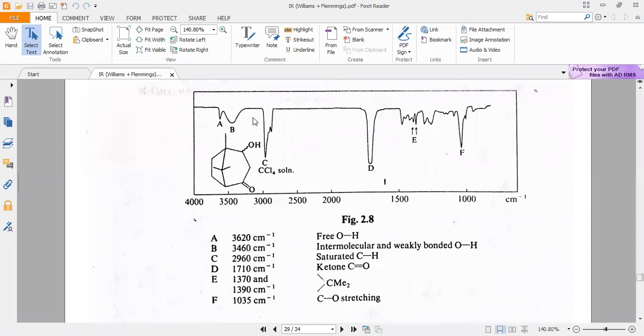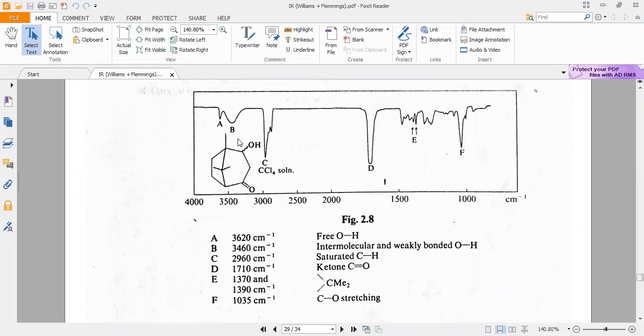I hope this is justified for all molecules. The higher value belongs to a non-hydrogen bonded OH or NH or SH, and this broad and intense signal shall always represent intermolecular hydrogen bonding.